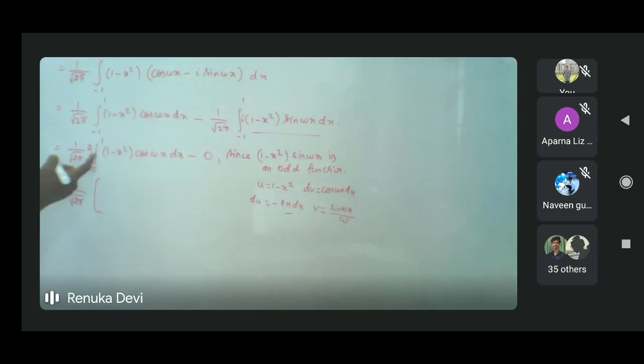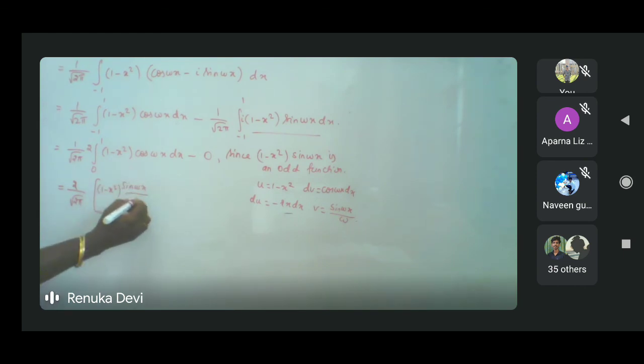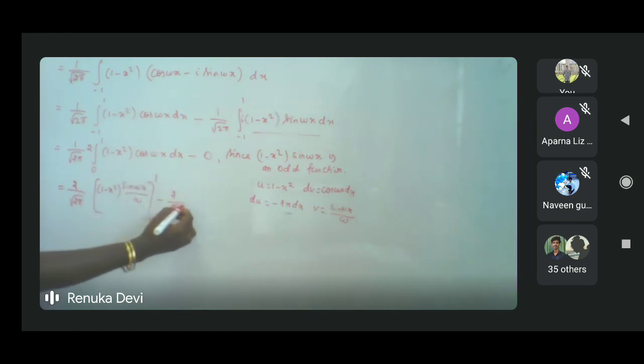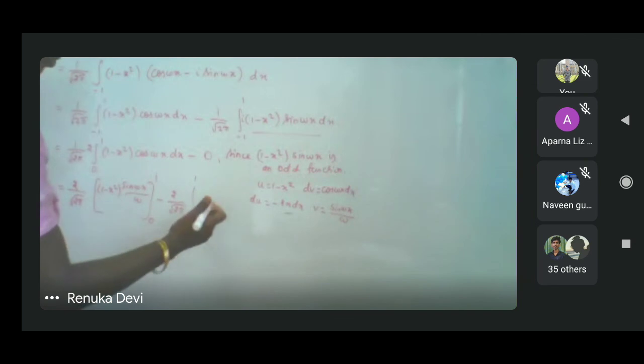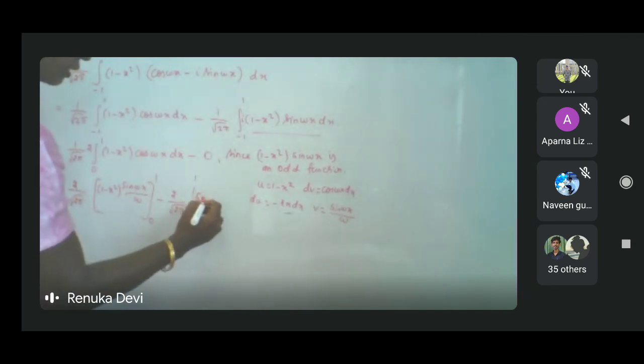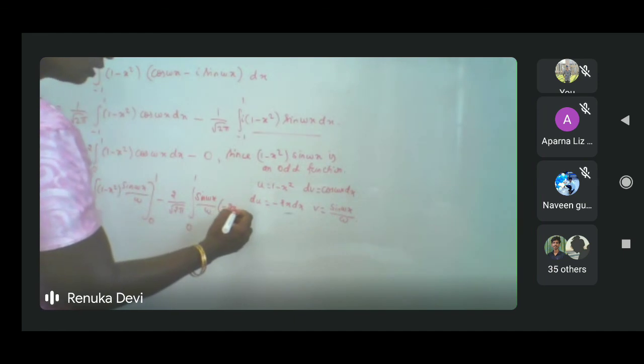Now you substitute uv. uv is (1 minus x squared) sin wx by w, 0 to 1, minus 2 by root 2 pi is common to both, integral 0 to 1. Now we have to write v du. v is sin wx by w into du is minus 2x dx.